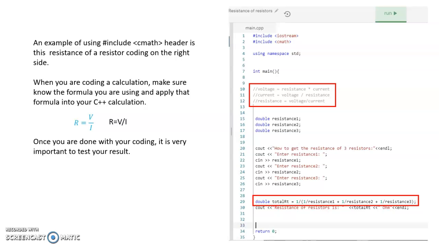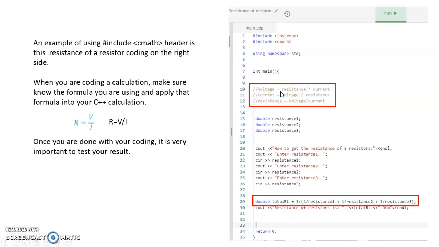So it is very important to know the formulas, just like this. To get the resistance, it equals voltage divided by current. To get the current, it is voltage divided by resistance. And to get the voltage, it's resistance times current.